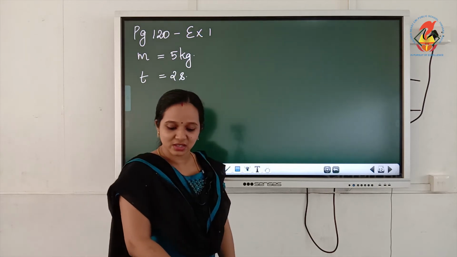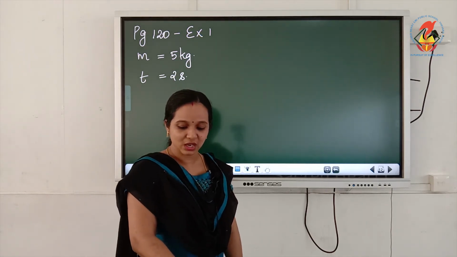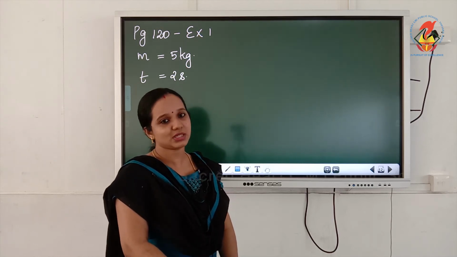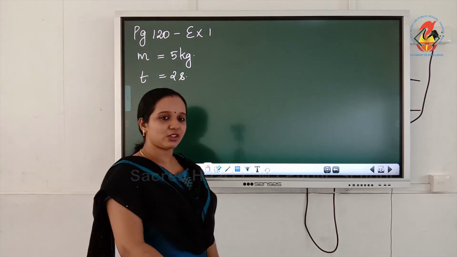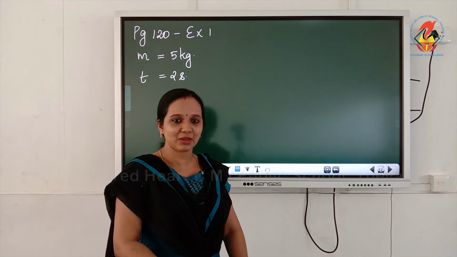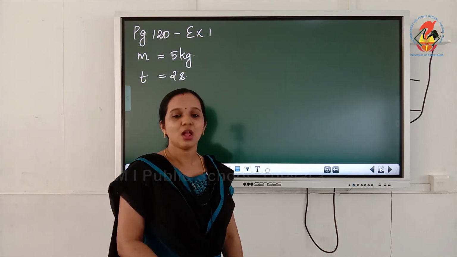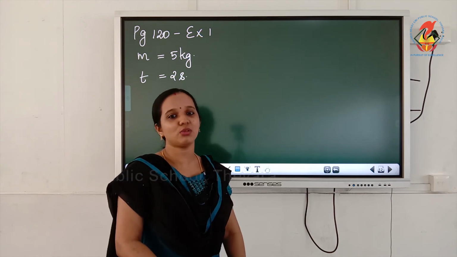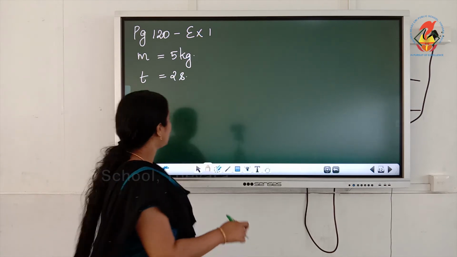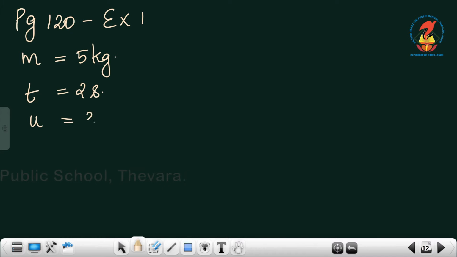It increases the object's velocity from 3 meter per second to 7 meter per second. So, initially the object was travelling with 3 meter per second. After the application of force, the velocity increased to 7 meter per second. So, initial velocity u is given as 3 meter per second and final velocity v is given as 7 meter per second.